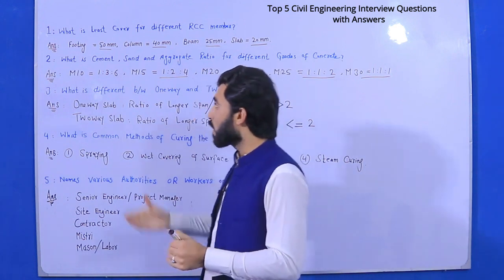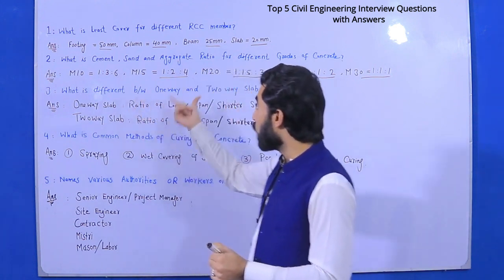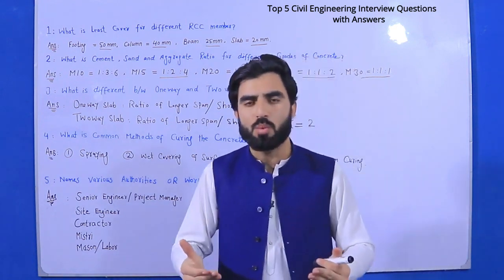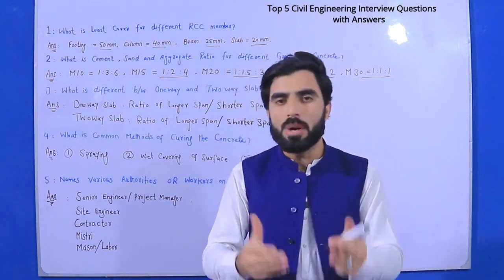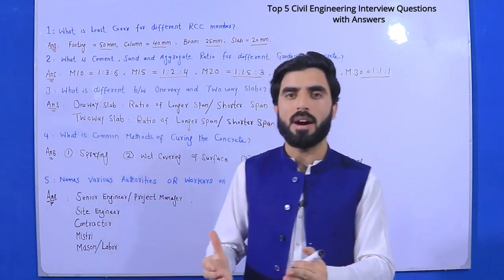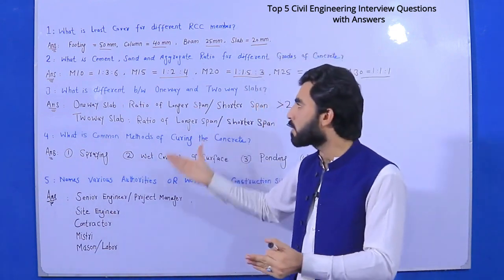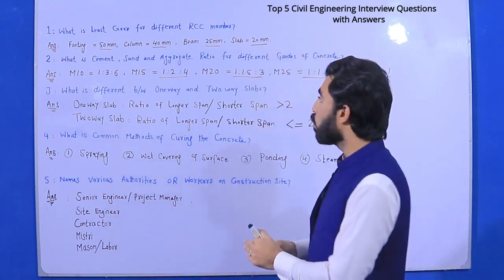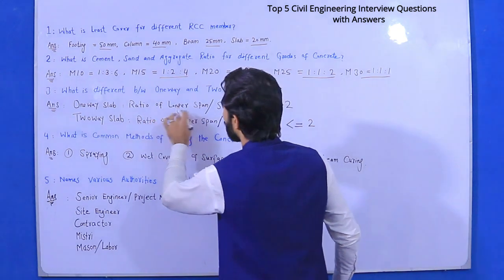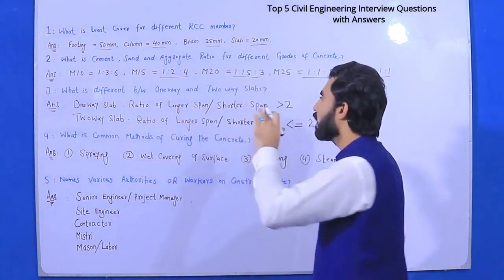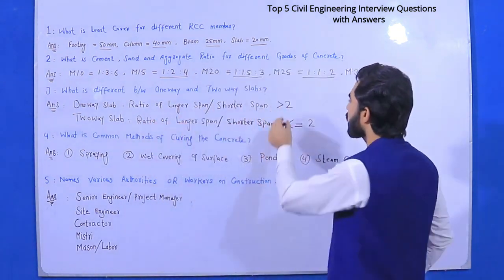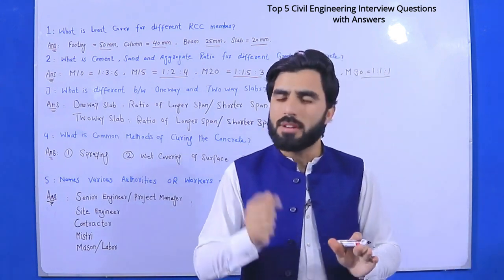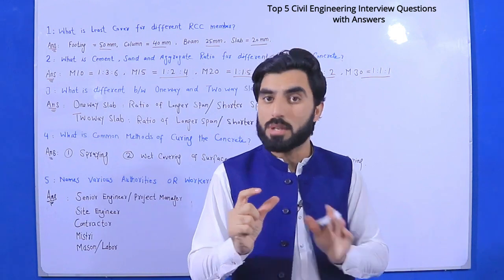Guys, the third one is, what is the difference between one-way and two-way slabs? They can ask directly, what do you think about one-way and two-way slab? Or explain what is one-way slab or two-way slab. So the answer should be, one-way slab is ratio of longer span divided by shorter span greater than 2. Try to make the answer very short. That will be good for you.